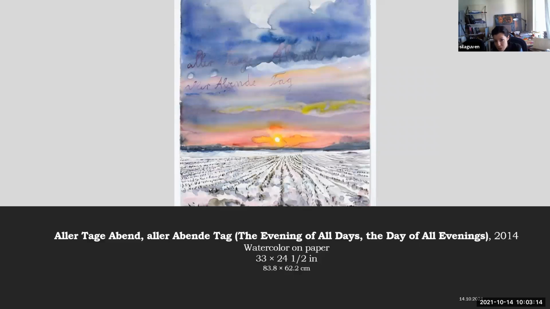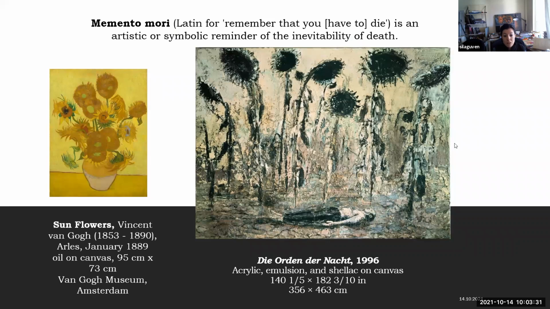So it's a watercolor work of Anselm Kiefer. I put other things for seeing different ways of making. So he made this in watercolor. I saw that yesterday, the first time. And this is Memento Mori, normally after Van Gogh, I suppose, because I know that Van Gogh made these sunflowers for Gauguin's room.